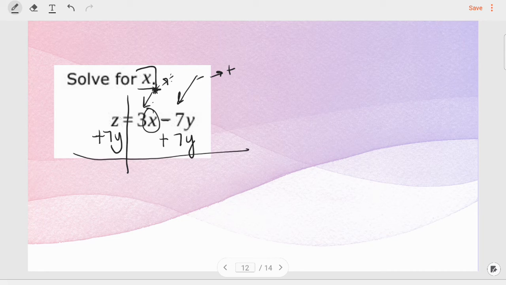Draw my balancing line. 3x and 7y, not the same. So I'm just going to write 3x first plus 7y. So you'll notice it just went from up and down to side by side, equals, well, what's left over? 7y and minus 7y make a big fat 0.